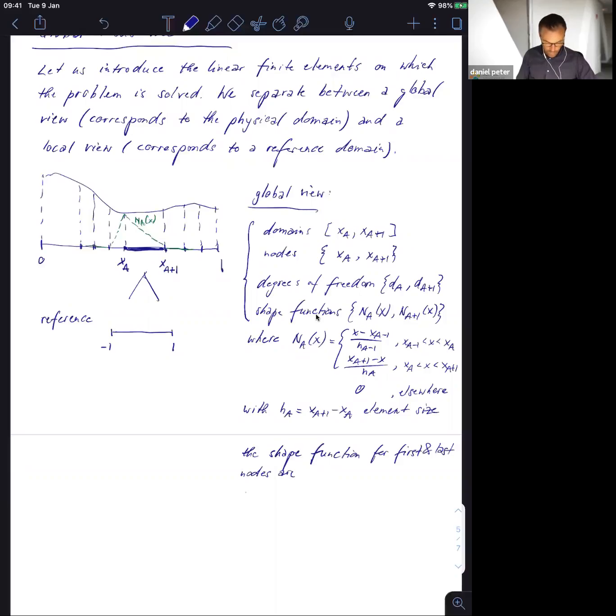Then we have N1 of x, which just has this one leg which goes from 0 to x1, with size h1, and 0 else.